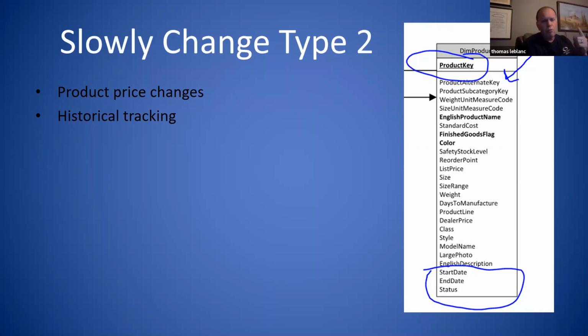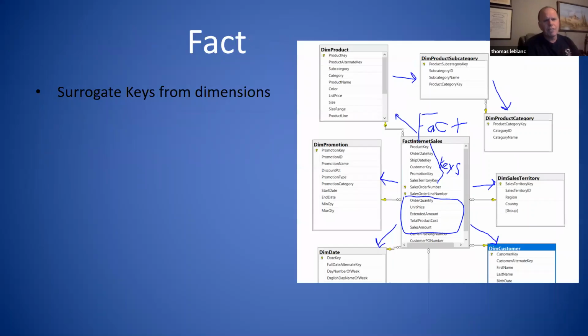You get a new row for the same product, but certain slowly changing attributes will have a different value. It doesn't matter because when you roll up to the common attribute, product name, category, subcategory, it still is able to produce the same results, even though you have a different product key inside of it. And hopefully we'll see one of those examples when we look at the data.